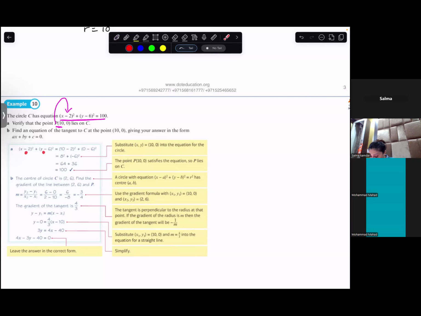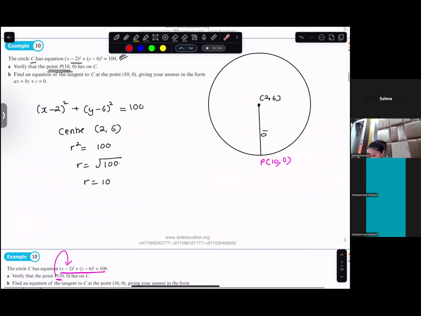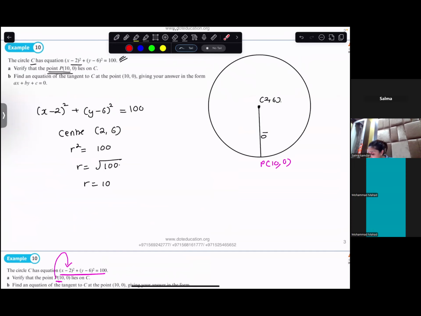If after plugging the coordinates of point P into this equation, I get the left hand side equal to the right hand side, that means I put the x and y over here. If it satisfies the equation, then point P would be on the circle. Say it's satisfied, and now I say point P is on the circle.